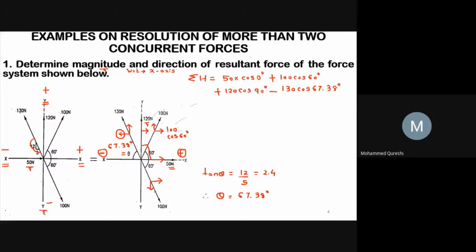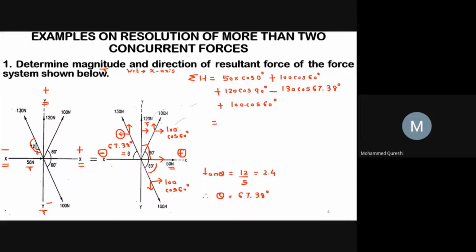Then this force, 100 cos, making an angle 60 degree with the horizontal, and here the direction is positive, so plus 100 cos 60 degree.